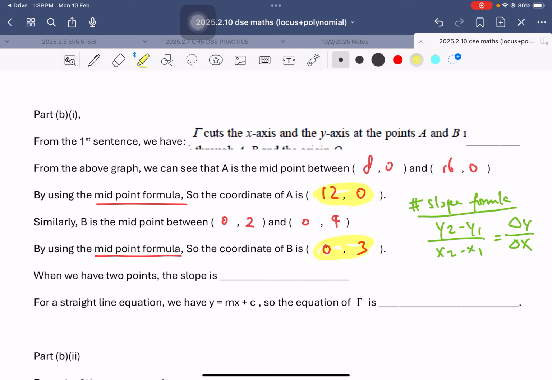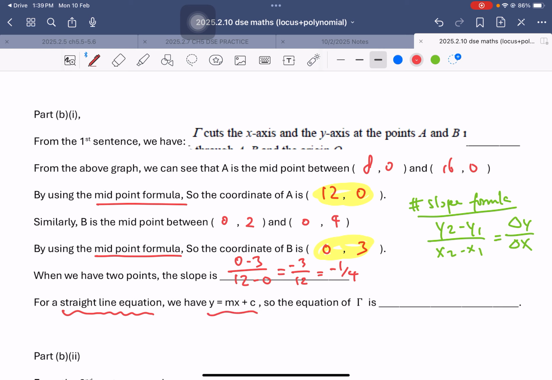So the slope of the torque is going to be 0 minus 3 over 12 minus 0. That's giving you negative 3 over 12. Simplify, this is equal to negative 1 over 4.